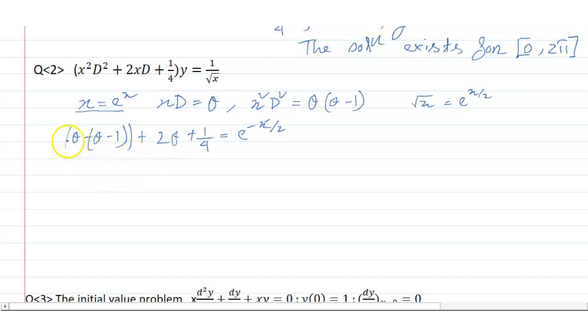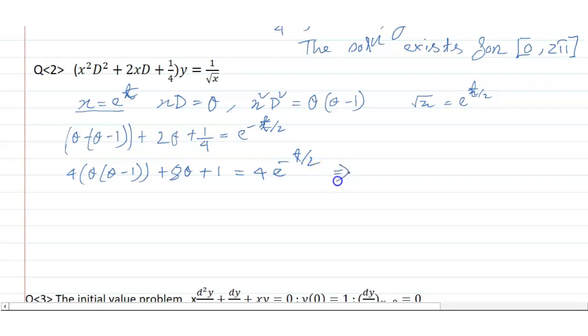Whatever I get, again I will calculate. So I calculate 4θ(θ - 1) + 8θ + 1 times y equals 4 into e^t. Sorry, it is e^t; I write e^(t/2), and it can be written e^(-t/2).